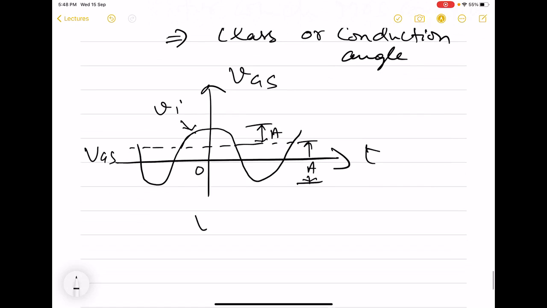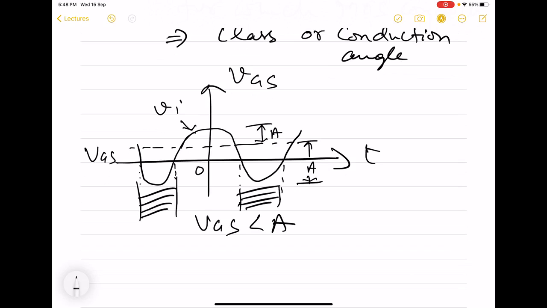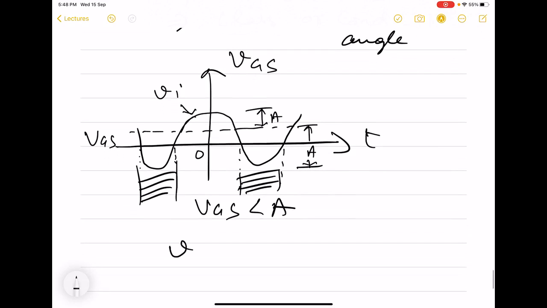So here we see that VGS is less than the amplitude. And we find that for this portion of the cycle of the input, the net gate to source voltage VGS is negative. So this implies ID is going to be 0 for this portion.